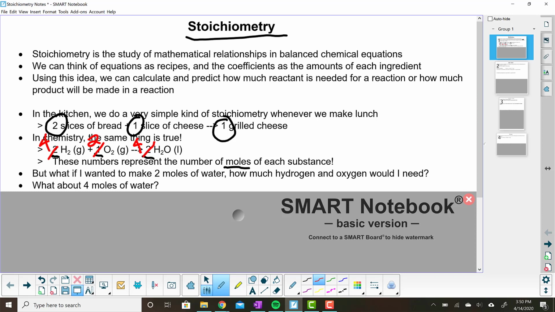So I can use the base reaction we have, since we learned how to balance chemical reactions, and modify it or predict what would happen if I made a change. If I wanted to make 4 moles of water, I would need to change the amount of hydrogen and oxygen that I started with.